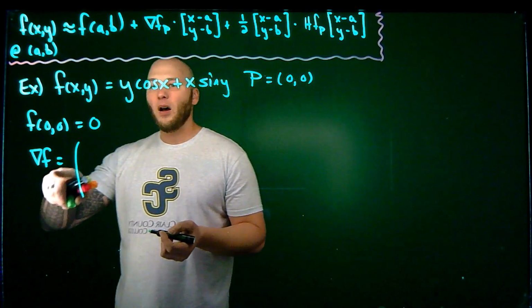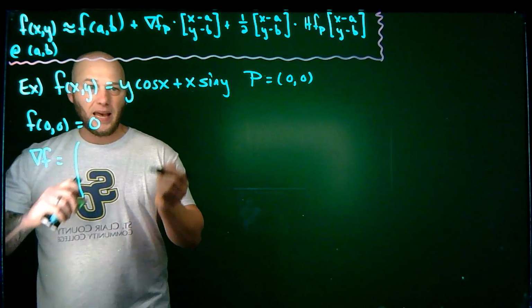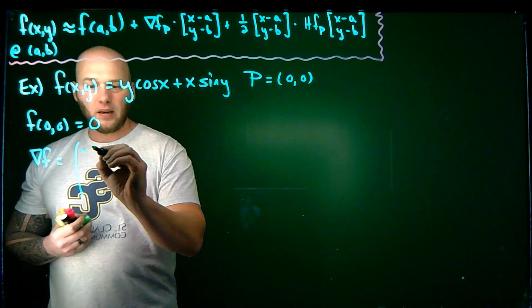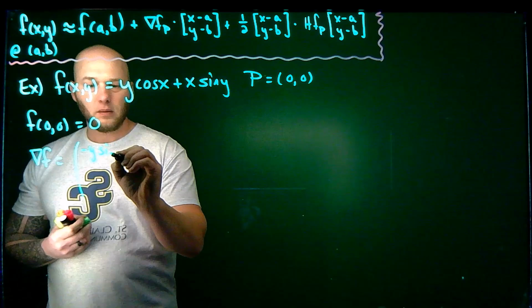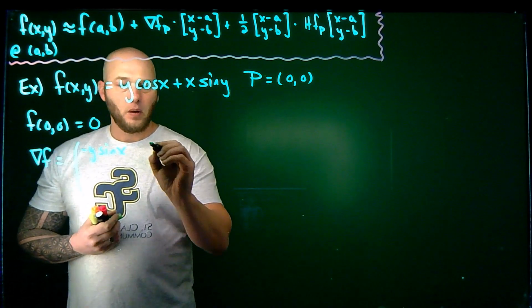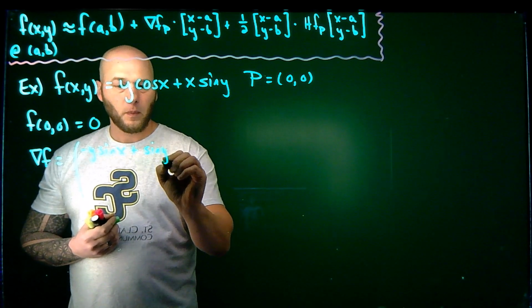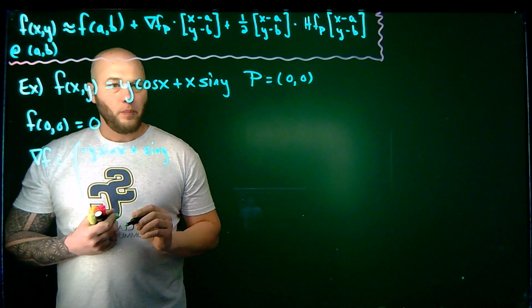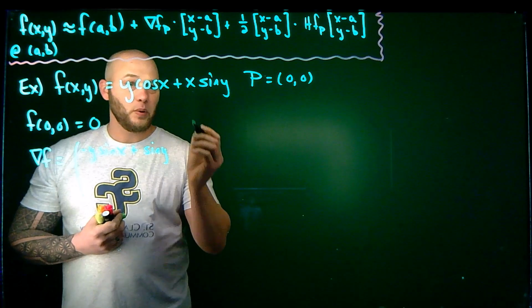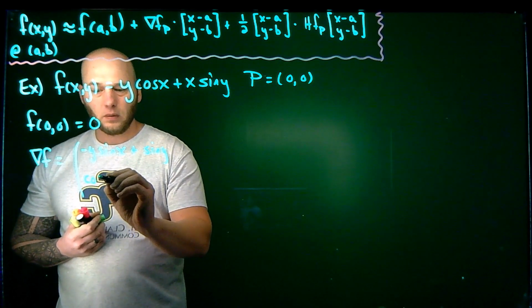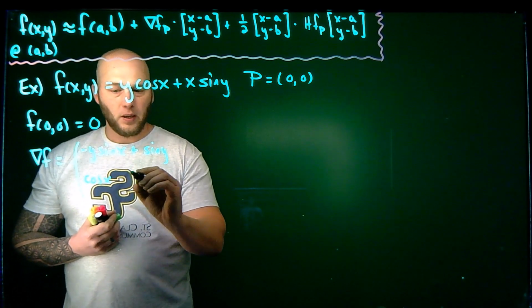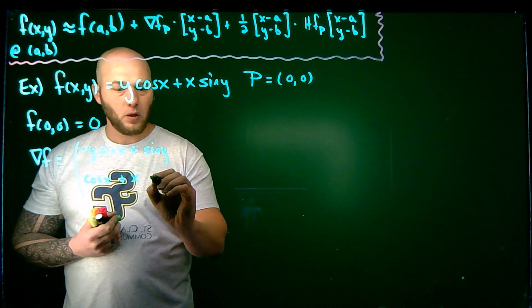So the partial with respect to x would be negative y sine x plus sine y. The partial with respect to y would be cosine x plus x cosine y.